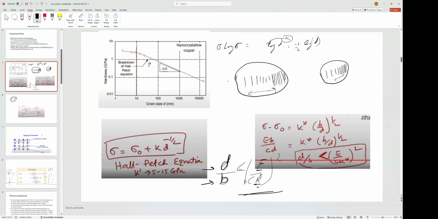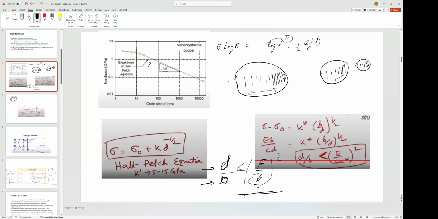After this point, suppose you go even smaller, only a few dislocations will exist. So now causing additional plastic deformation will not be possible since you have generated a lot of dislocations.